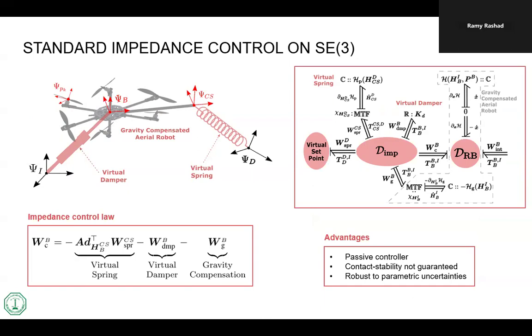So the controller itself is now a Port-Hamiltonian system that has a C element, corresponds to the virtual spring. So I have a virtual spring now between the tip of the robot and the desired frame I want to be in. I have a damping term, okay, a virtual damper that's just dissipating the energy. And I'm canceling the gravity. I'm just compensating for the gravity. I just need to cancel it out so that the drone can fly.